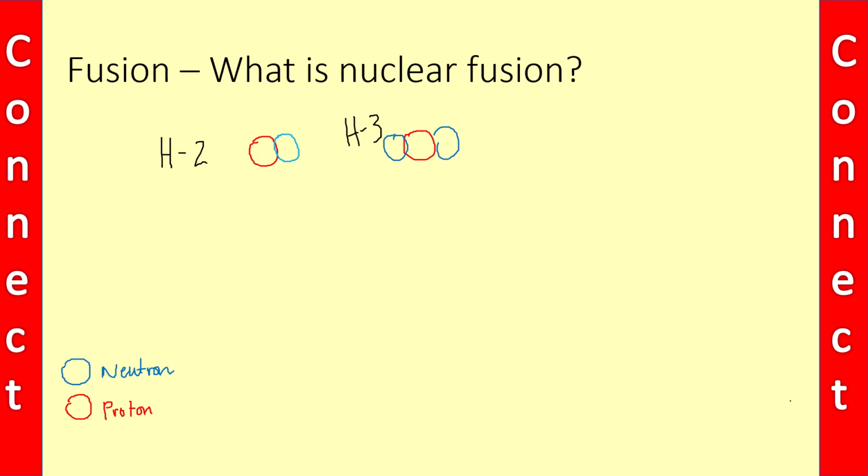And what can happen when these two, again under very specific conditions, interact with each other is they can join together. We need to learn about what those conditions might be for them to join together. And when they join together, they're going to form a different element. Hopefully we've done this one a lot, because it's an alpha particle, so it's a helium nucleus.